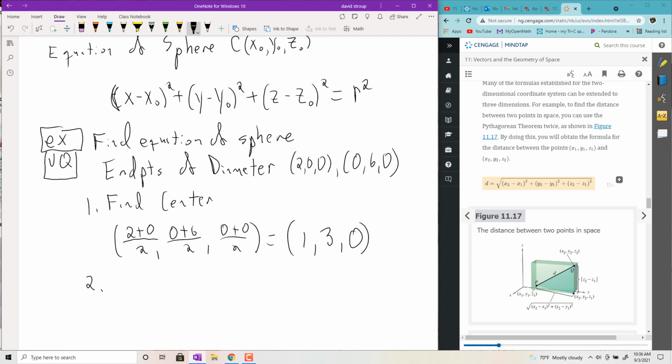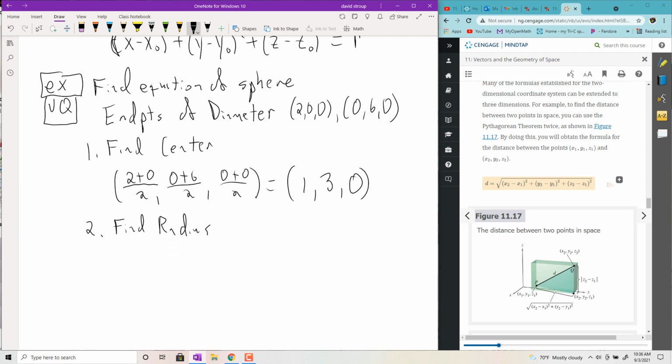Secondly, they'll want the radius. So find the radius, and that's just going to be the distance from the center to an endpoint of the diameter. If you'd rather, you could take 1/2 times the length of the diameter. I'll just take the distance from the center to one of the endpoints.